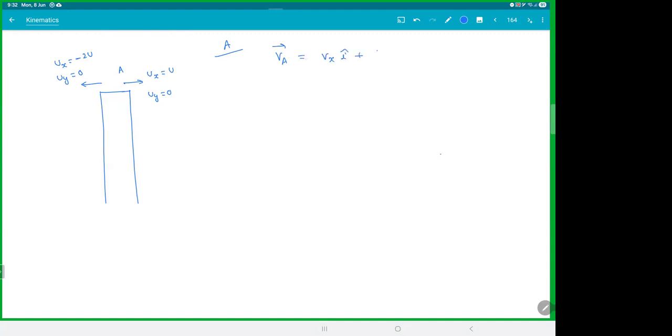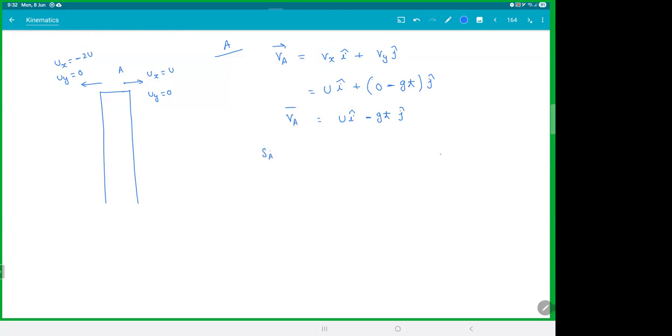Remember, it's the full velocity vector. Vx is u i cap, plus 0 minus gt j cap. So this is u i cap minus gt j cap. This is your velocity vector VA bar.